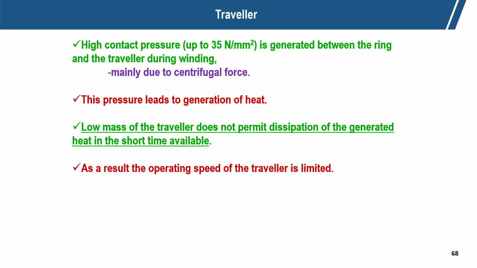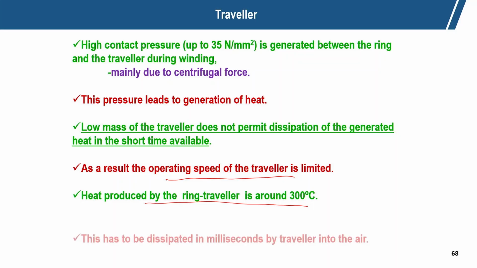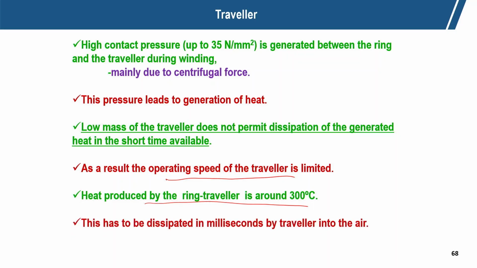As a result, the operating speed should be kept low for a lighter traveller. The heat produced at the ring traveller is around 300 to 400 degrees Celsius, and this has to be dissipated by the traveller into the air in milliseconds. So, that is the main challenge.